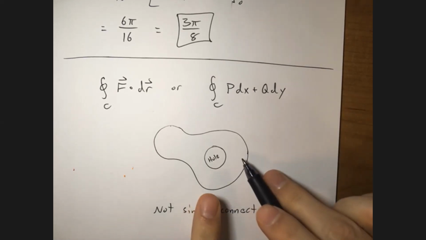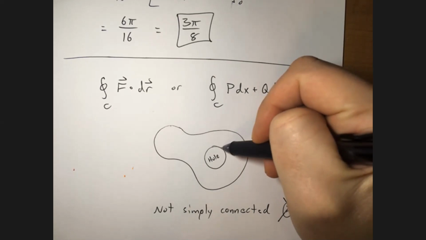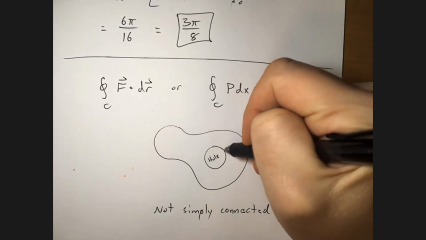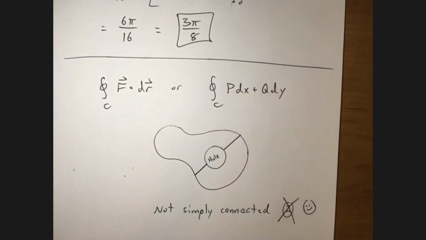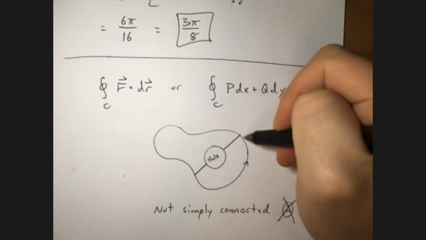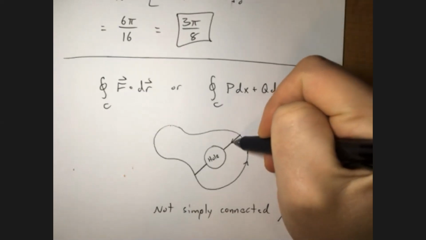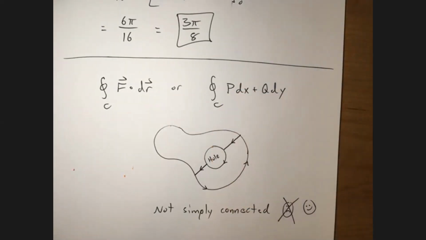Even though this is not simply connected and Green's theorem doesn't apply as it is, we can split this region into two regions if I cut it right here and right here. What I'll first do is the integral along this curve that comes up this way, down this way, along here, over here, and then back over here.